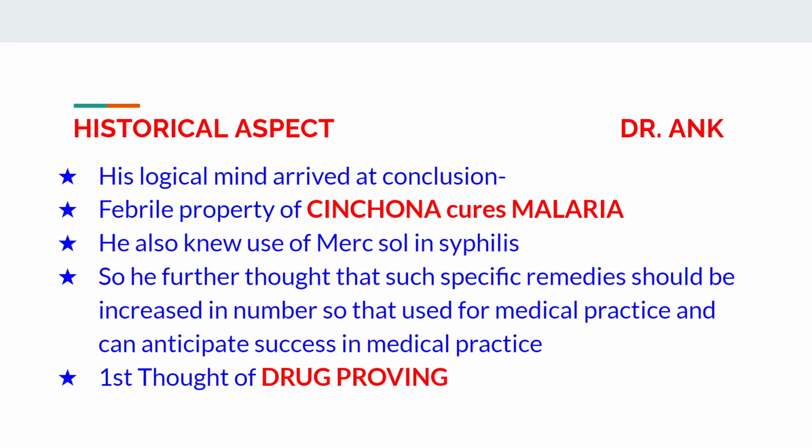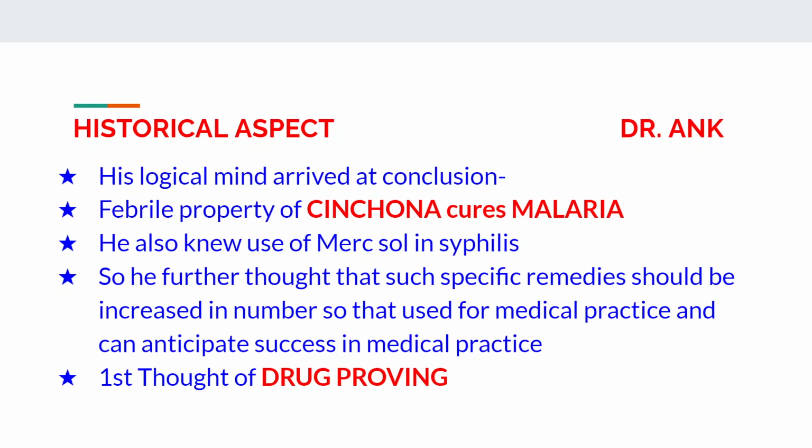His logical mind arrived at the conclusion: the febrile property of cinchona cures malaria. So cinchona is curing malaria not because of its bitter taste but because of its febrile property. That means it produces fever and chills. He also knew the use of Mercury in syphilis.